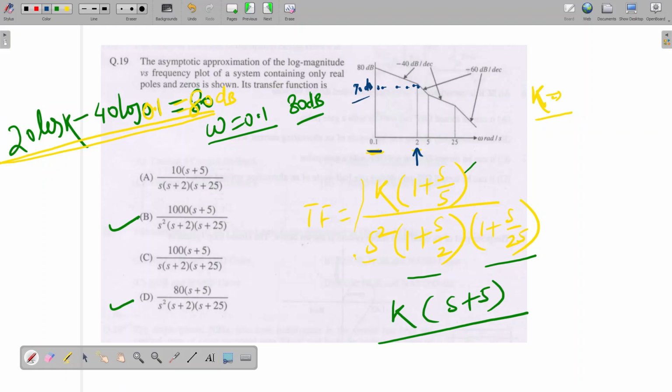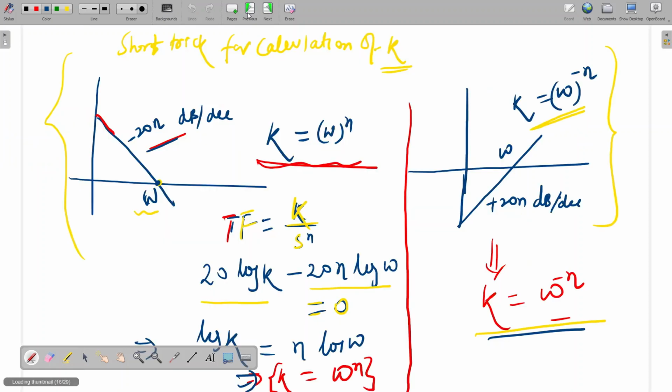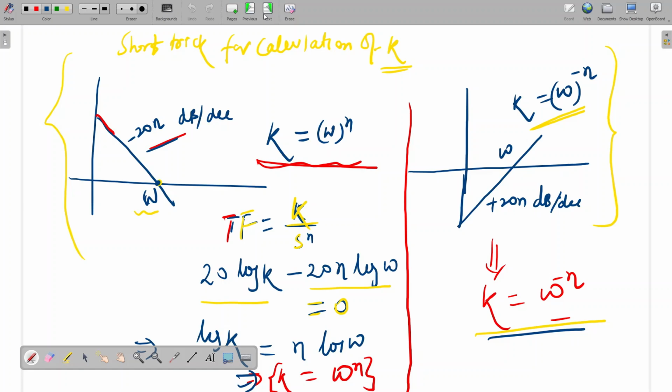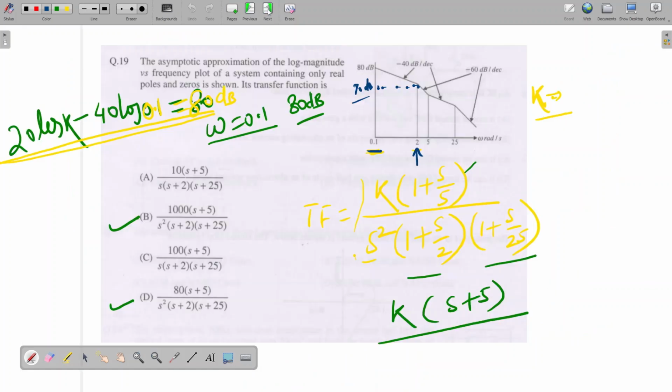In that case, what we will do: all the corner frequencies which are greater than or equal to the omega at which the magnitude is known should be neglected. So if it is 2, then that will also be neglected.